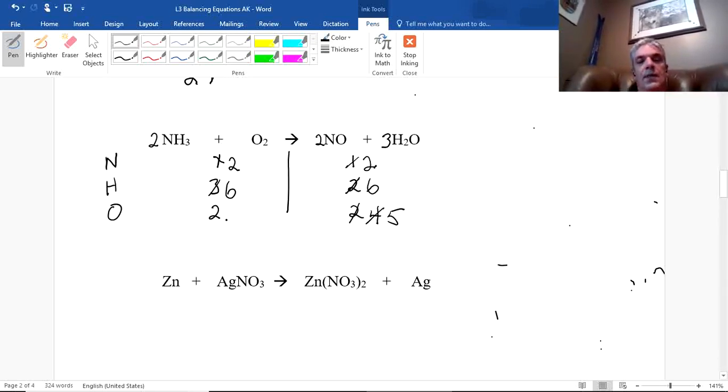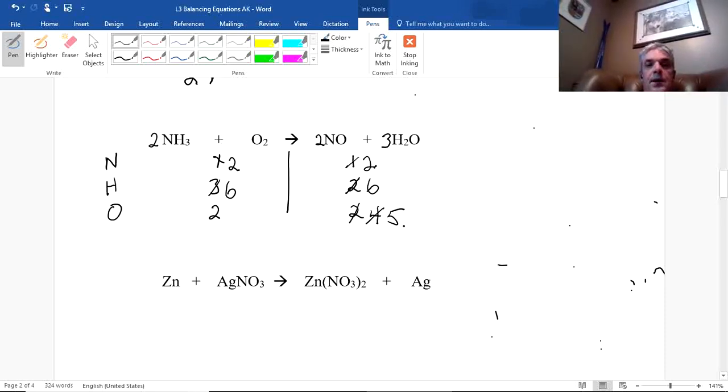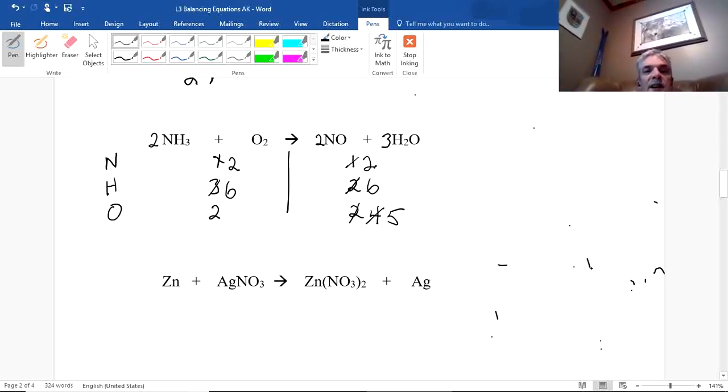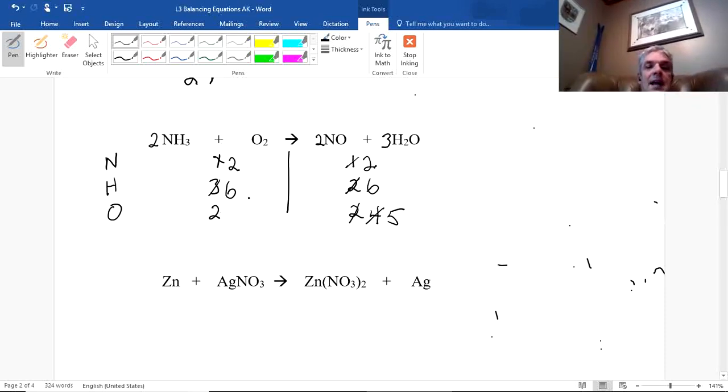Well, how the heck do I bring my oxygens up to balance it with 2 and 5? Well, what I can do is I got to bring this up a whole bunch. And there's kind of a trick that I can do here: what if I took this to 10? I can't get to 5. So I just take 2 times 5 and I say I'm going to make this all the way to 10.